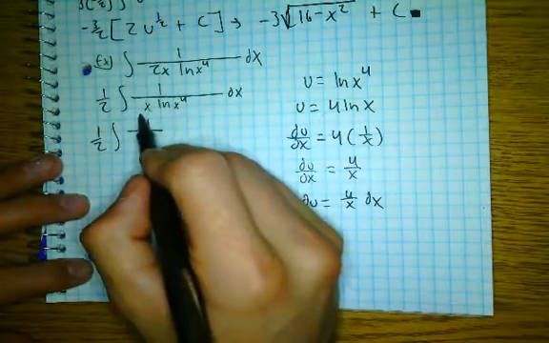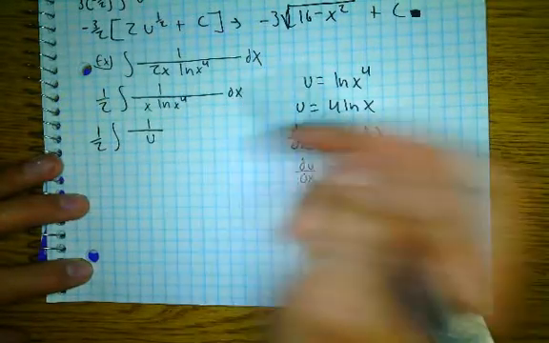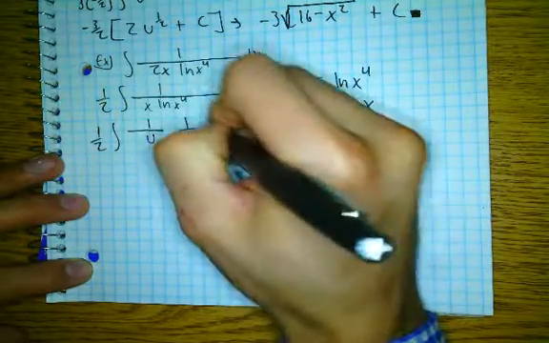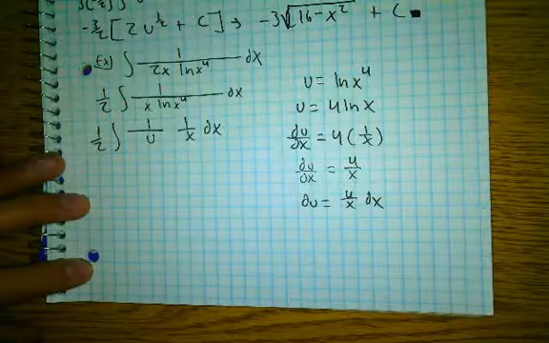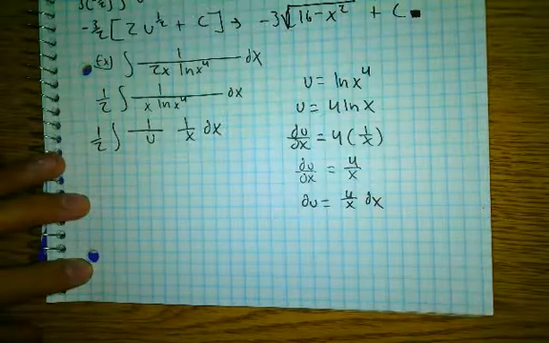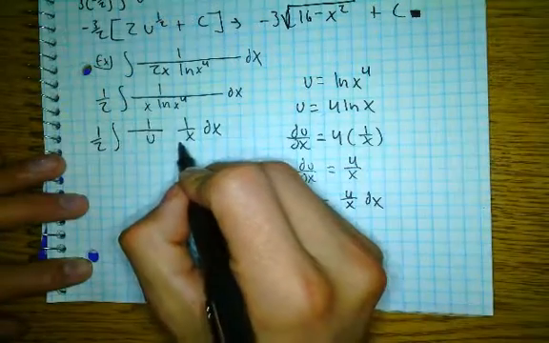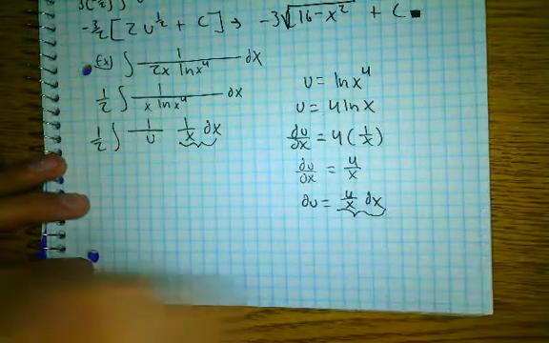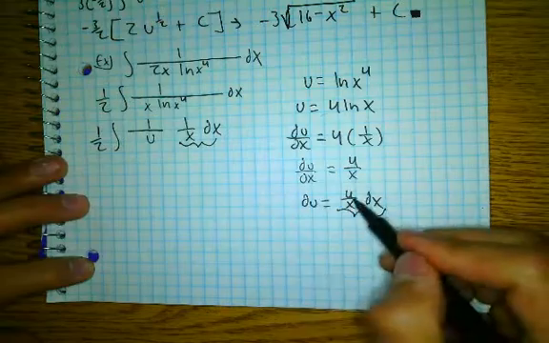Alright, then I'm like, wait a second, this part right here looks very, very similar to that part right there, with the exception that I have that 4 there. What can I do to this expression to manipulate it so that it looks exactly like 1 over x dx?